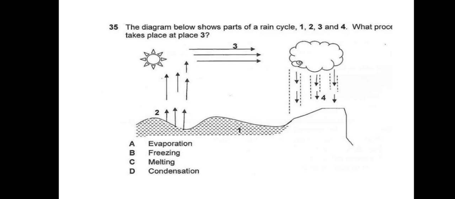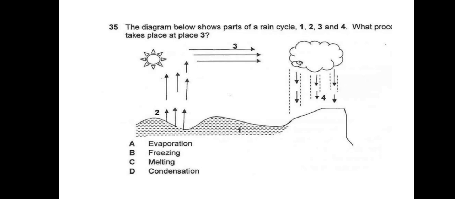Question 35 says the diagram. This one, I've just added it. It is on the water cycle, so I've just added it for the sake of revision. All right. So the question says the diagram below shows parts of the rain cycle, 1, 2, 3, 4.